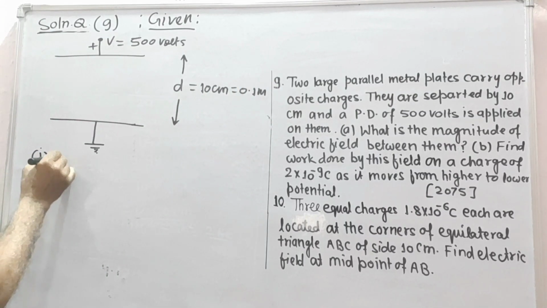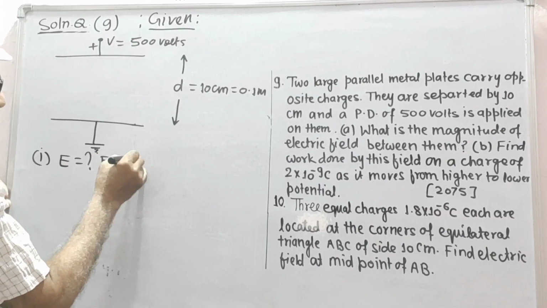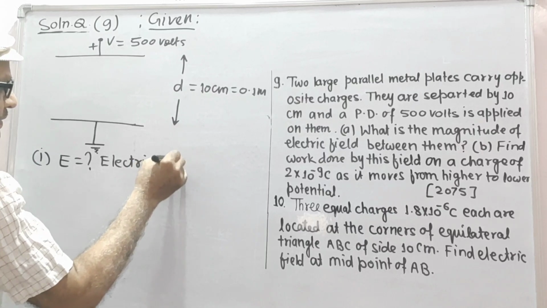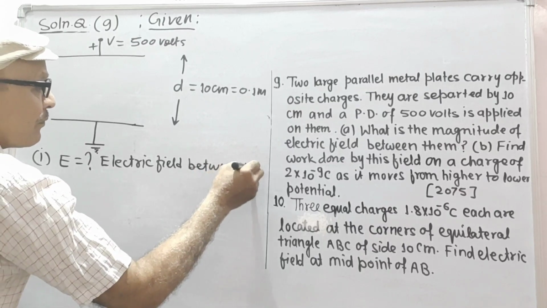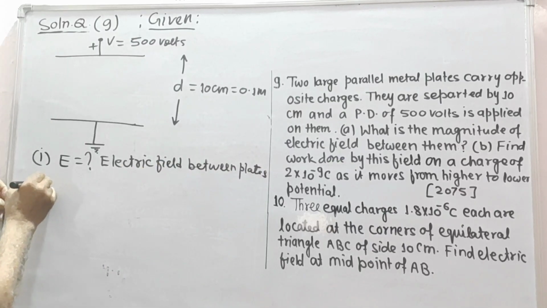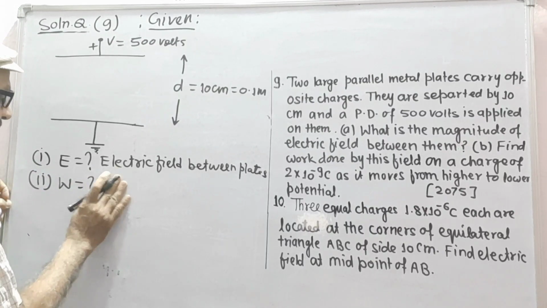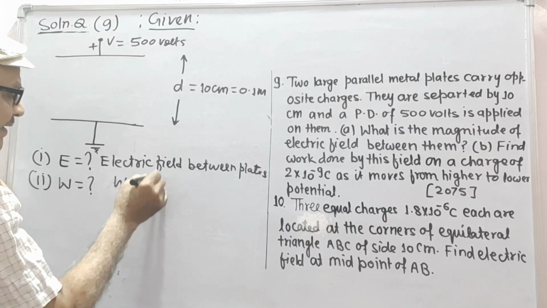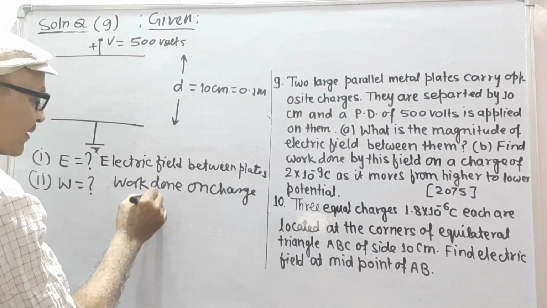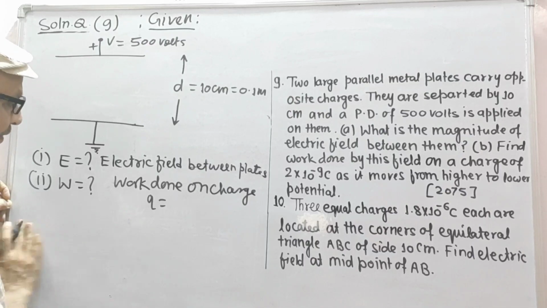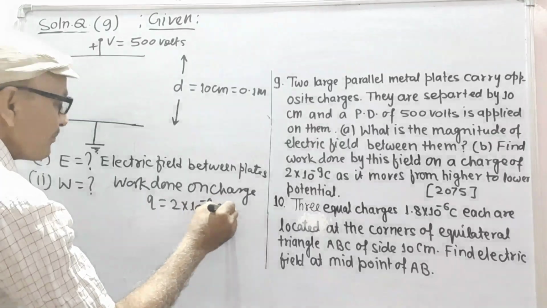First, we have to find electric field between two plates. And secondly, work done. This is work done on charge Q is equal to 2 into 10 to minus 9 coulomb.